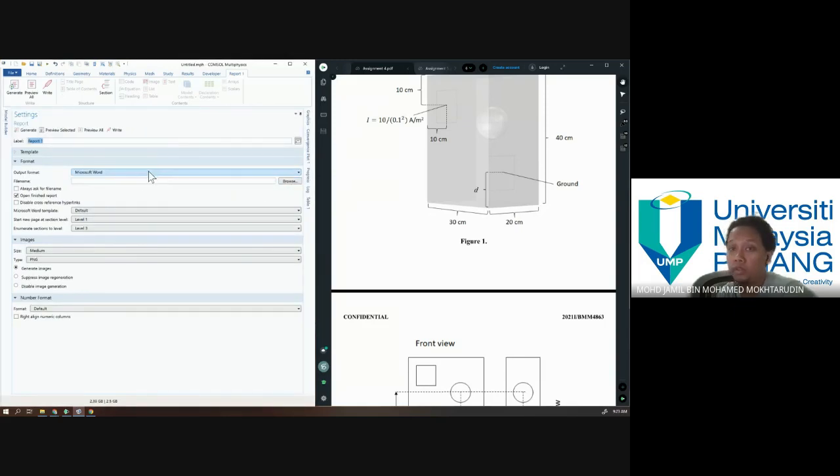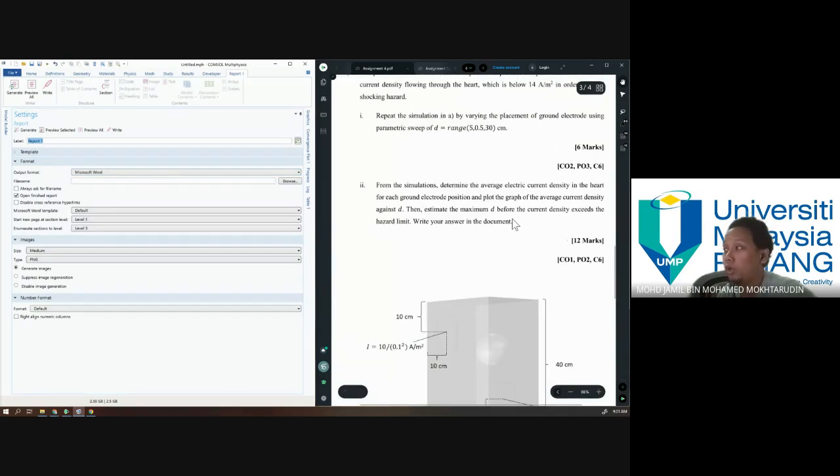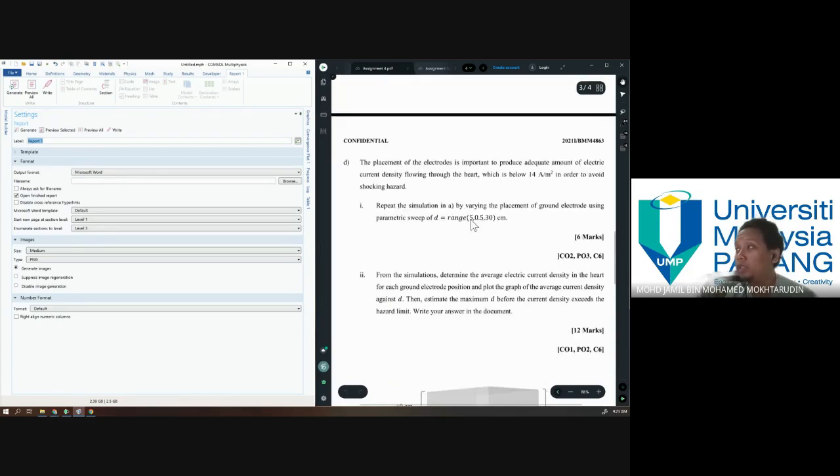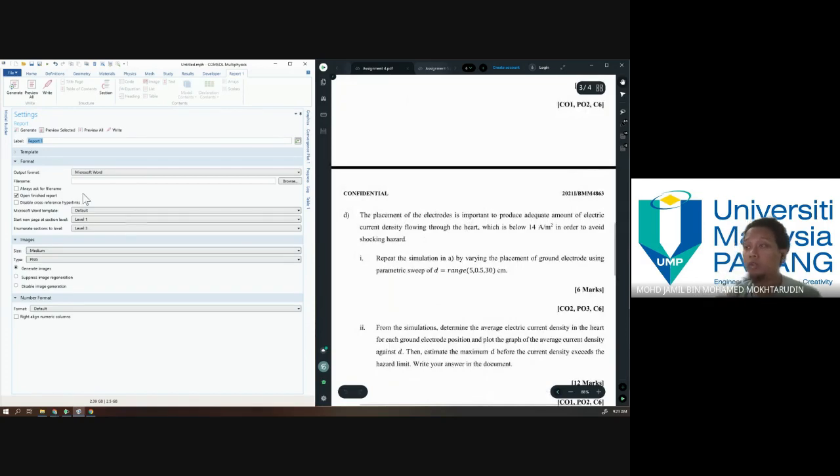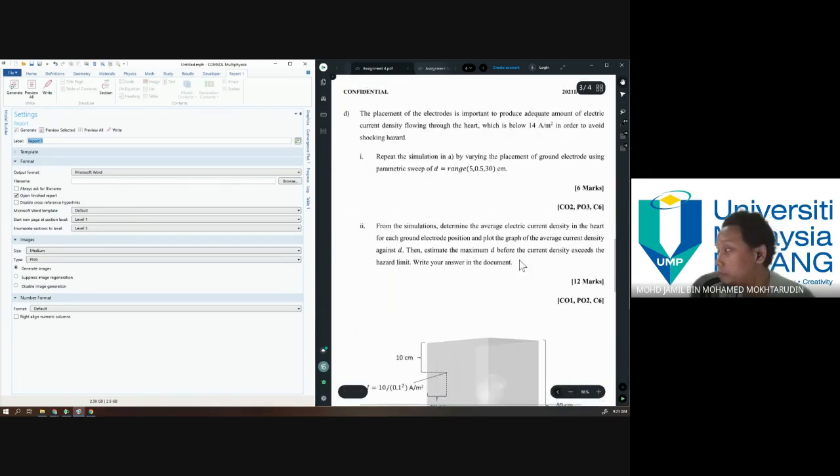So the Microsoft Word, later you open the Microsoft Word and put your explanation. What is the value of D, maximum value of D before the current density exceed hazard limit, and write the reasons based on the graph. Okay, so you can write in the Word, okay, in the Microsoft Word.